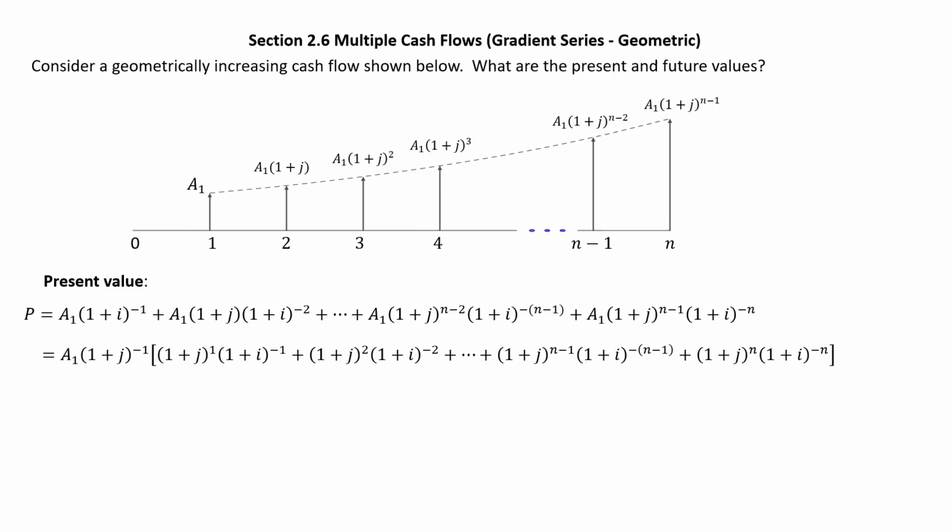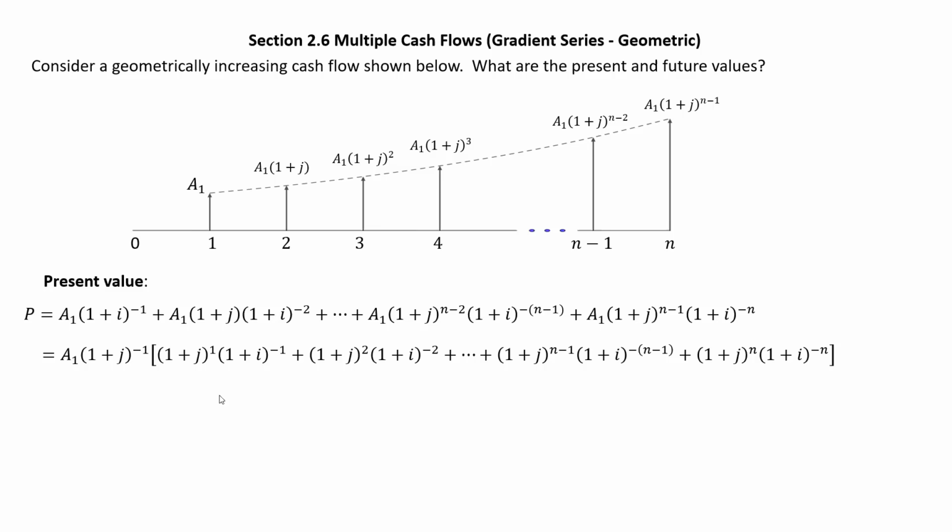I had a bit of a struggle, I must admit, because this is (1 plus i) to the negative 1, whereas this is (1 plus j) times (1 plus i) to the negative 2. Sorry, I was lost in thought.